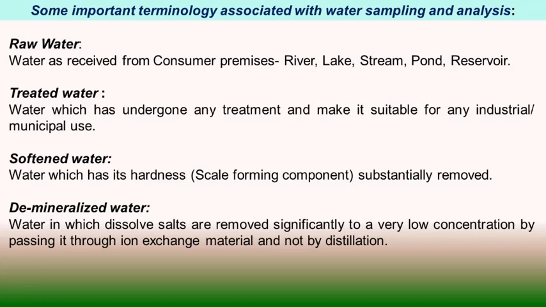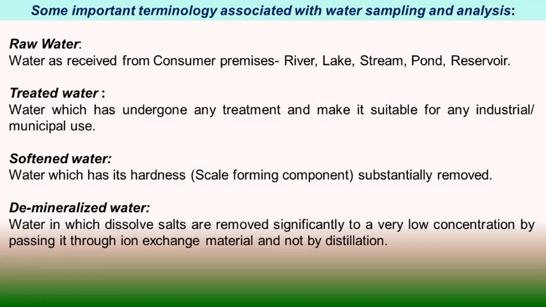Let us try to understand some more terminologies used in water sampling and analysis. Raw water is the water received from various sources. Treated water is water which has undergone any treatment to make it suitable for industrial or other purposes.